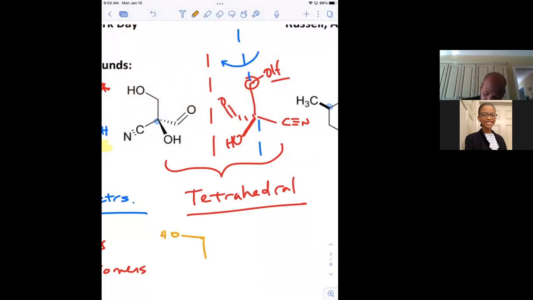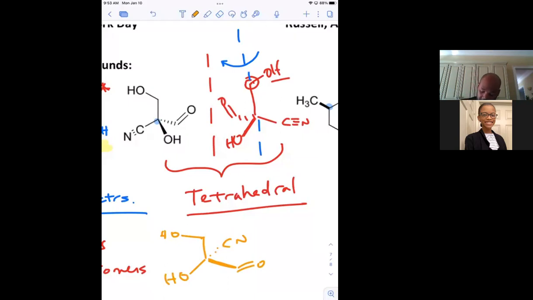We will have the aldehyde here, cyanide will be here, and then the OH will be here. You can draw it that way.